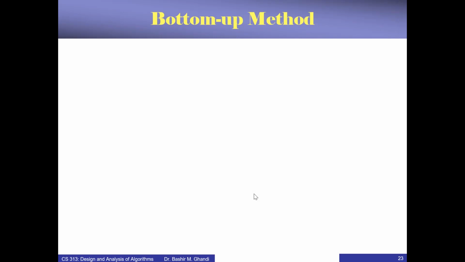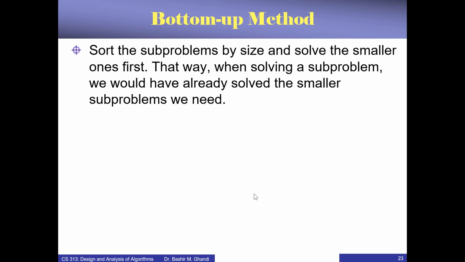Now let's look at the bottom-up approach. In the bottom-up approach, as we saw in the Fibonacci sequence, the idea is to sort the subproblems by size and solve the smaller sizes first.